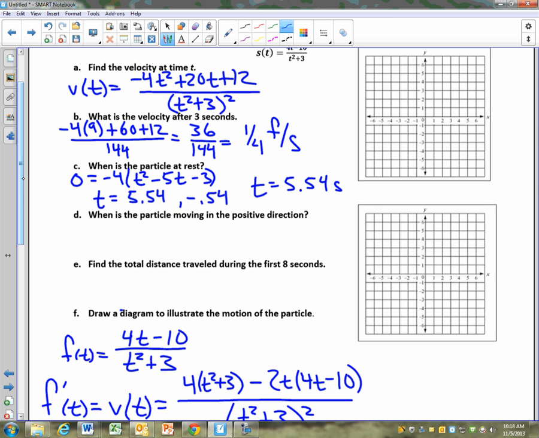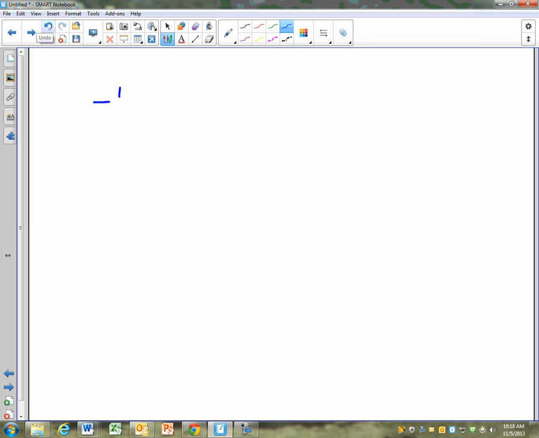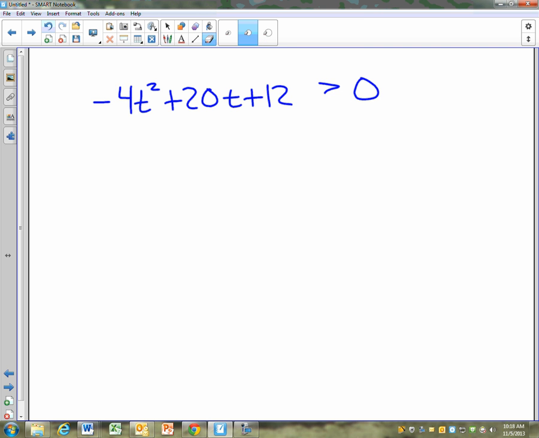Yes. So, let's answer that question. Negative 4t squared plus 20t plus 12 must be greater than 0. Not equal to, because when it's equal to 0, it's at rest. So we're wondering where that shape is greater than 0.